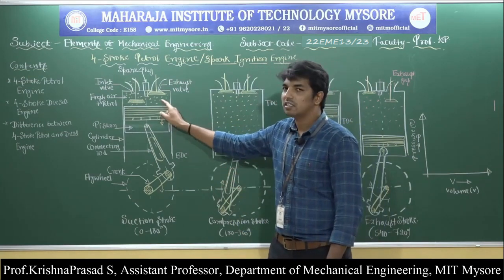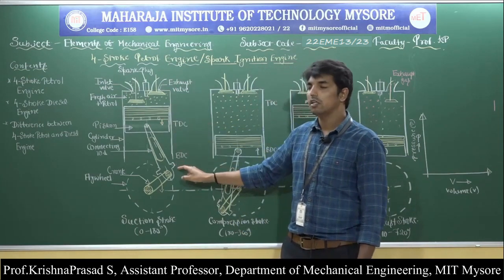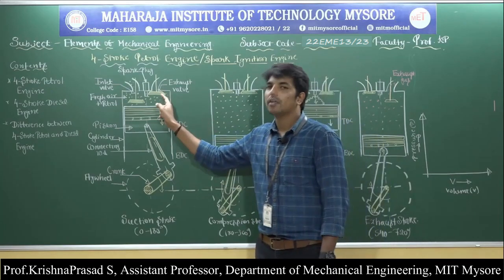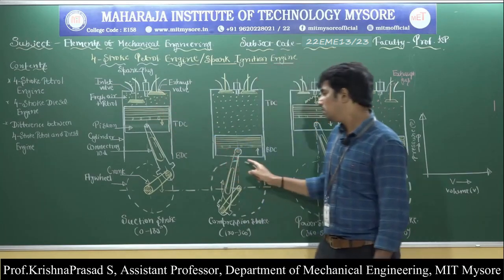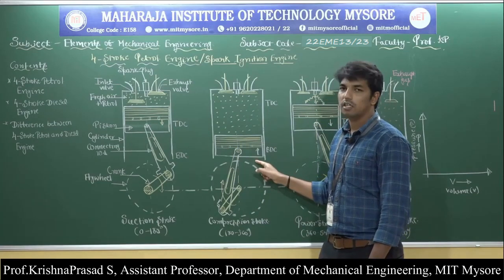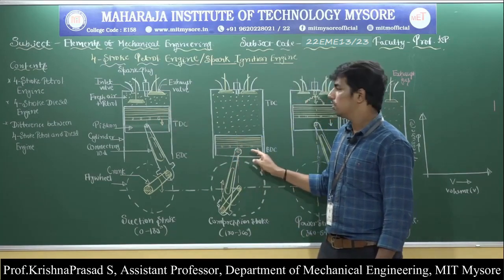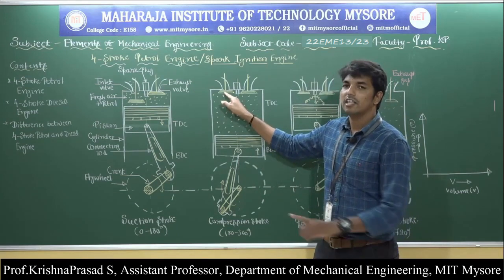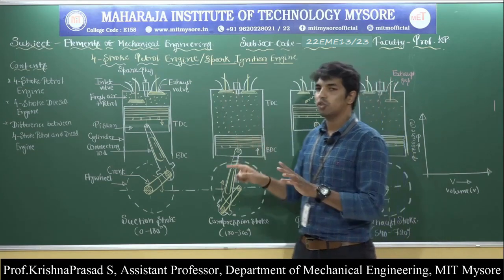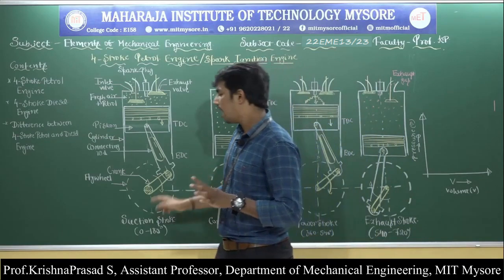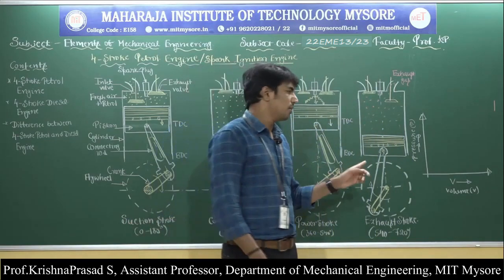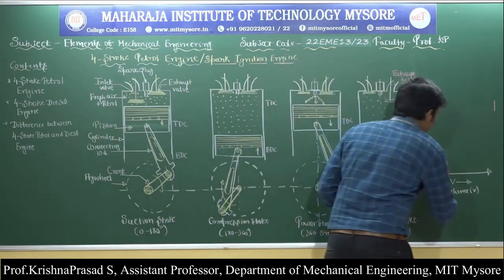When the piston reaches the BDC position, observe here, this is the starting point of the suction stroke and this is the ending point of the suction stroke. So when the piston reaches the BDC position, the inlet valve is closed and the suction stroke ends.